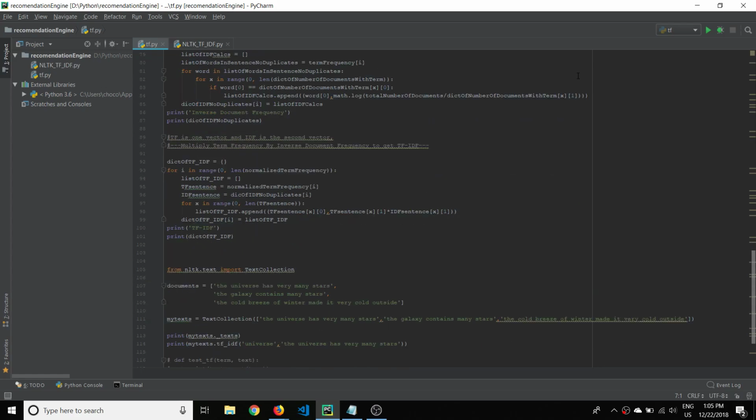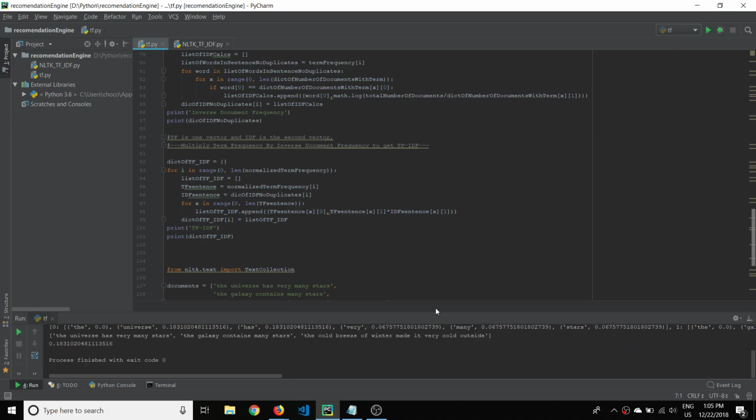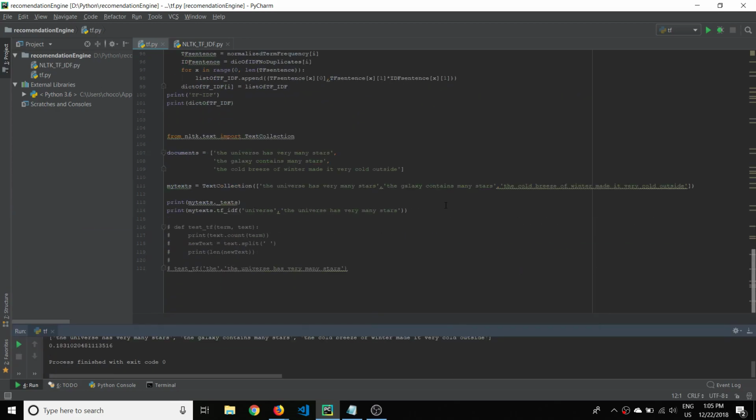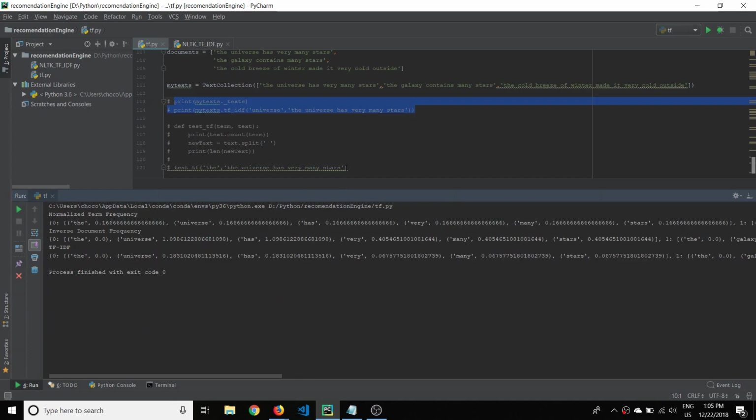But if I run this program here, okay, here we go. We're going to see some stuff down here. And actually, let me temporarily comment this code out, just so we don't have too much stuff down there getting confusing. Okay, so here's our result, and I put each of the sentences in a Python dictionary.